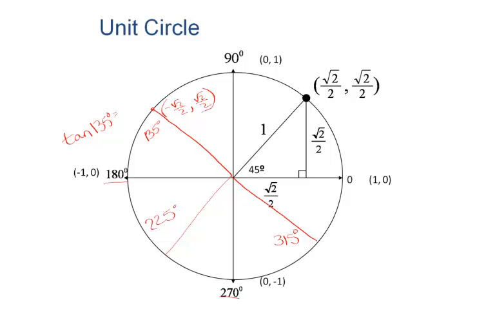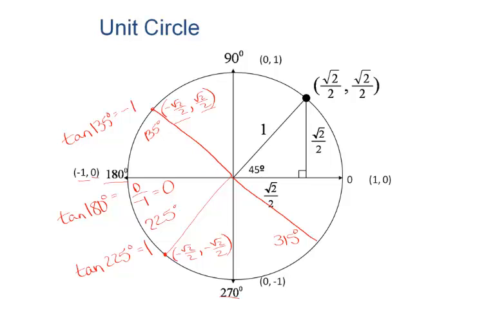So we have sine over cosine, that's negative 1. The tangent of 180 degrees is sine over cosine. It's perfectly fine to divide by negative 1, so that exists, and it's 0. The coordinates of this point are negative root 2 over 2 for both coordinates, for sine and cosine. So the tangent of 225 degrees is positive 1.